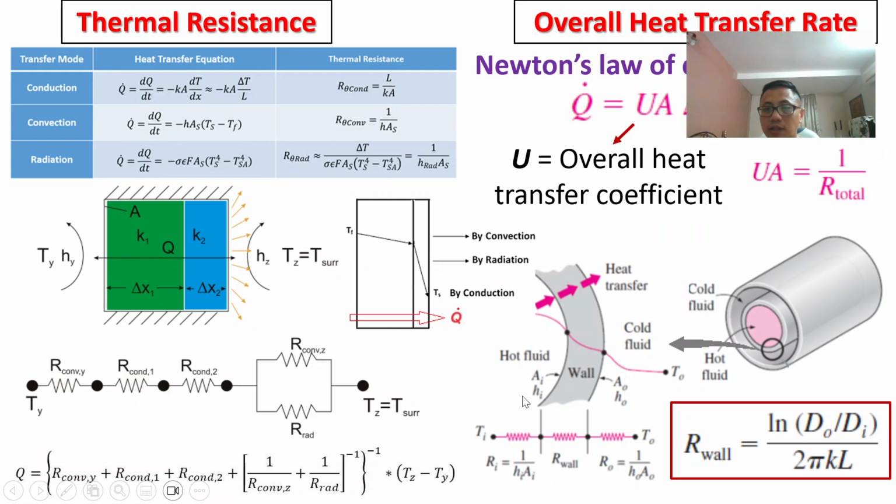So we can consider the total thermal resistance: the inner fluid by convection is 1 over the convection heat transfer coefficient times the inner surface area, then the conduction wall resistance, and at the outer surface we have another convection resistance, 1 over h_o A_o, based on the outer surface area.